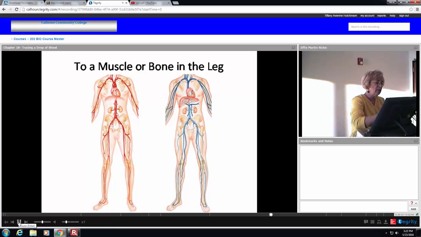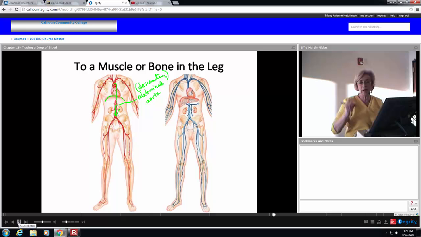If you're in the aorta, once you pass through the diaphragm, then you are now in the abdominal aorta. And you can say descending. From the time you leave the arch and the blood is flowing down to here, that's also called the descending aorta. So either way, it really doesn't matter.